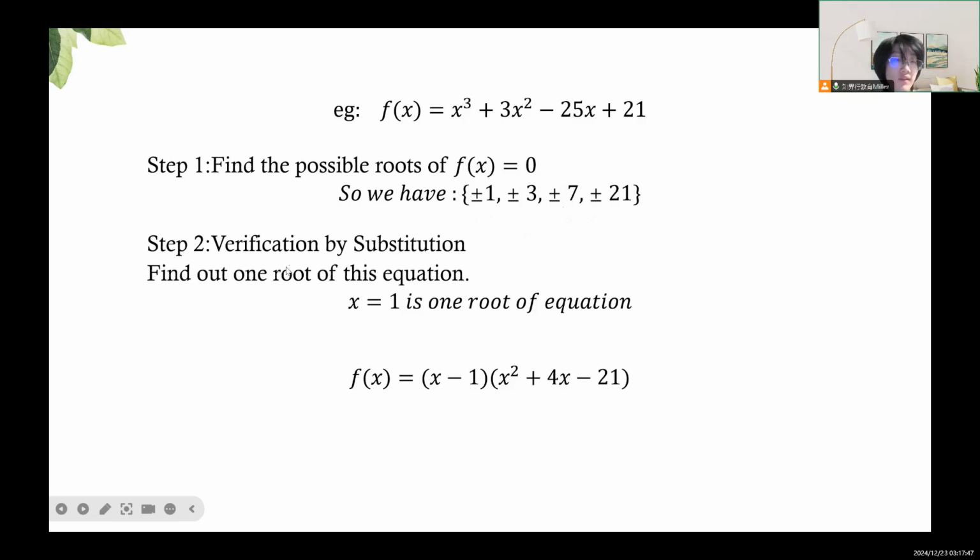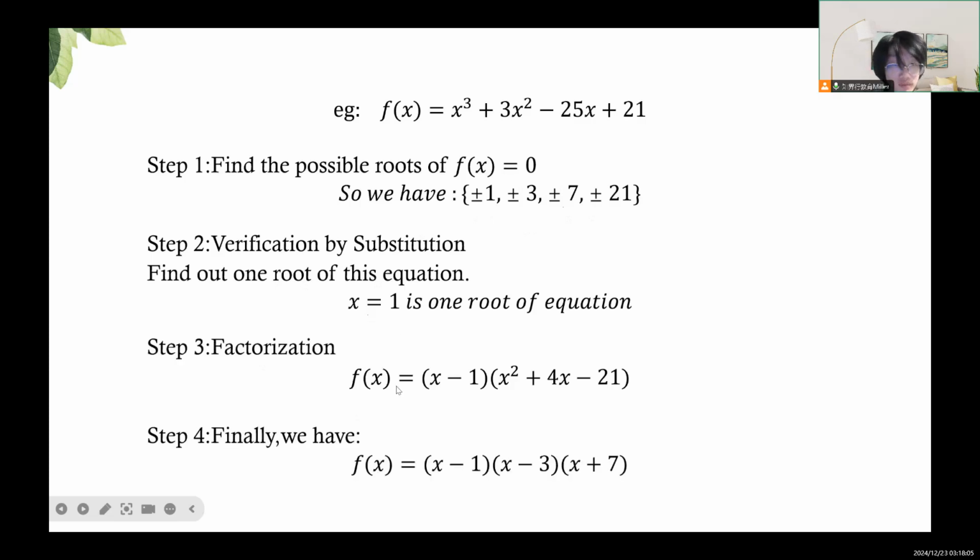So we have step 2, the verification by substitution. We can find f(1) equals 0, so 1 is one root of this equation, and we can factorize.